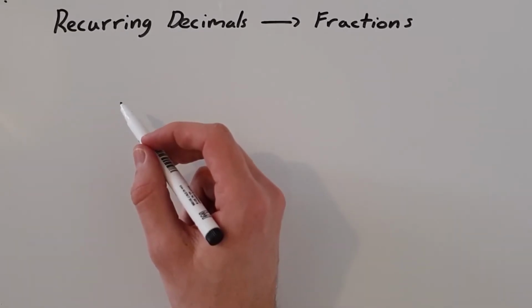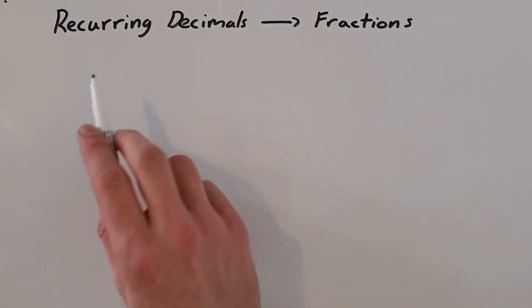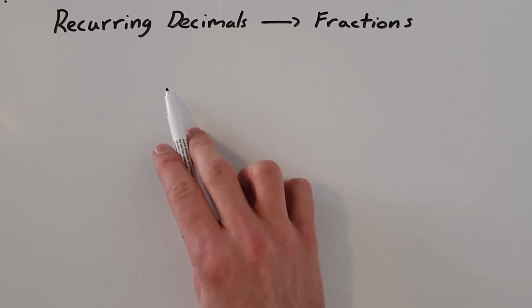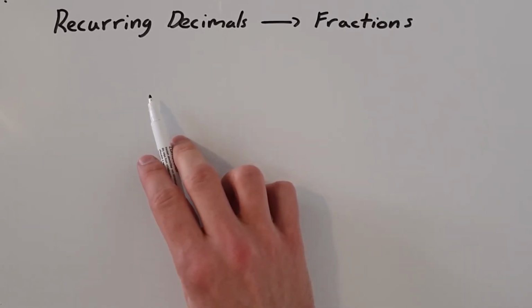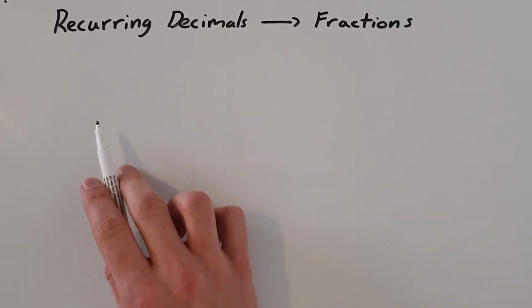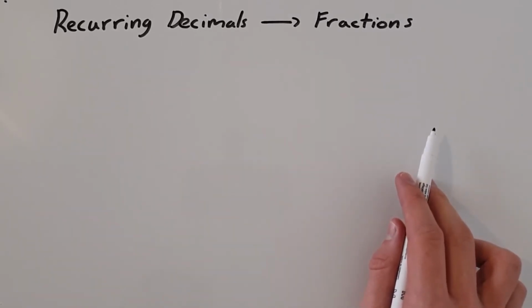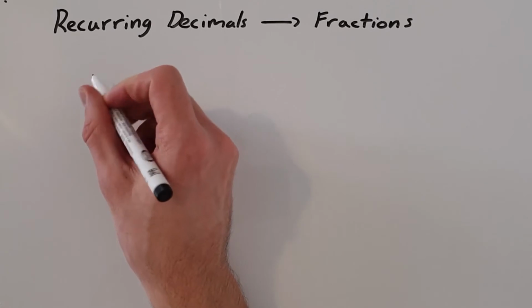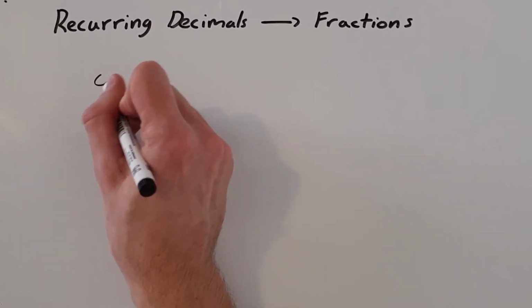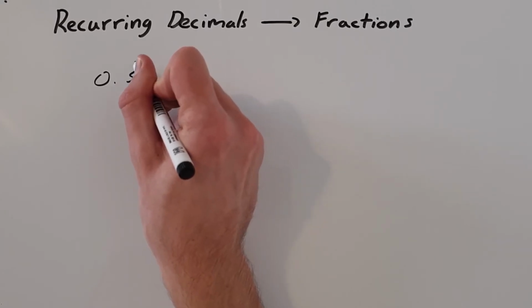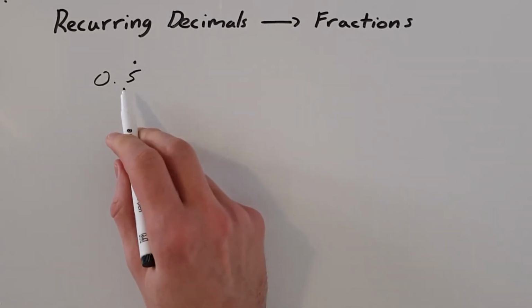Okay, so now we're going to be looking at the much harder example then of converting recurring decimals into fractions. So earlier in the video I said that a recurring decimal is one where the numbers after the decimal point will keep on going for infinity, forever and ever and ever. So the way these are usually denoted is you have a decimal point, 0.5 with a little dot on top, right?